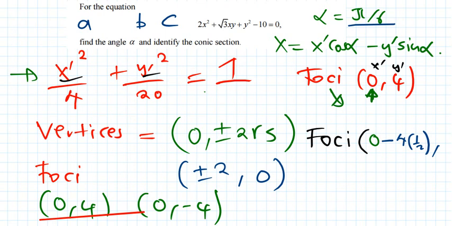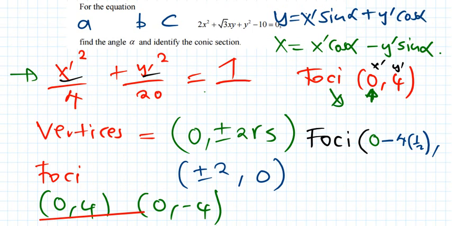Now for y, how do you go about it? So you also have to write down the formula again for the y part. So y is equal to x prime sine alpha plus y prime cosine alpha. So to find the y coordinate, we equally have to substitute in that equation.